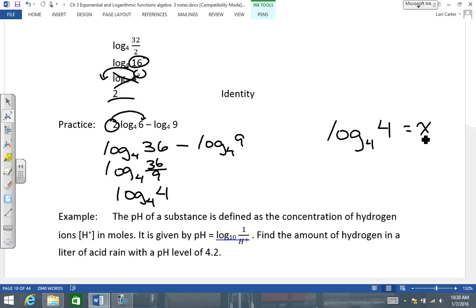Write it out of the log. Get rid of the log. How do you do it? What's the base? What's the exponent?